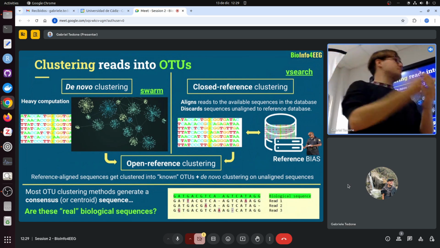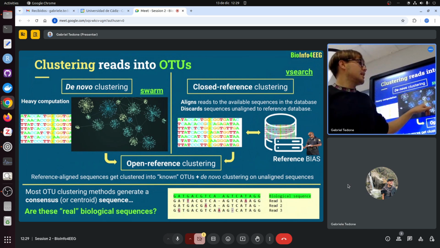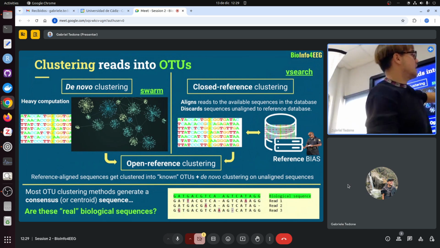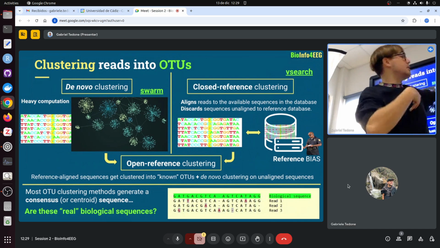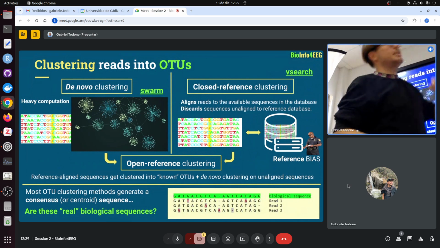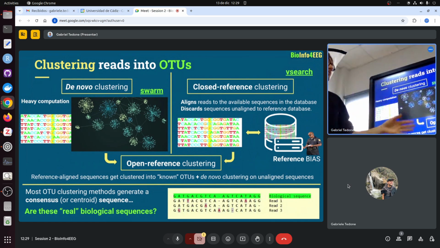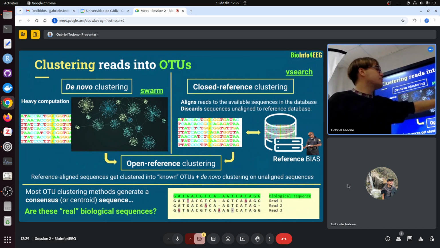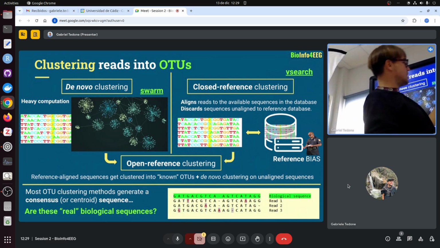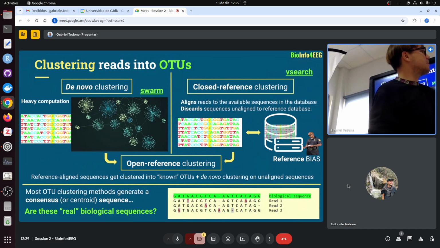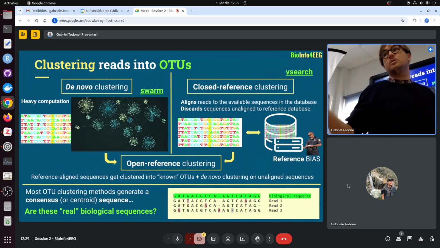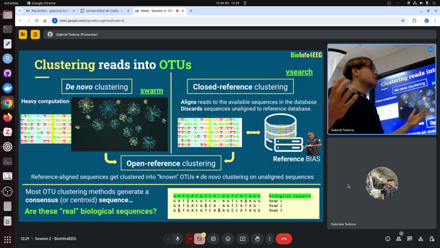So to speed up the process of doing this, we first align our sequences from our study to reference databases. And if the alignment of, for example, this one sequence, the first one, aligns with one in the database, this one is clustered to a reference database OTU. Okay?